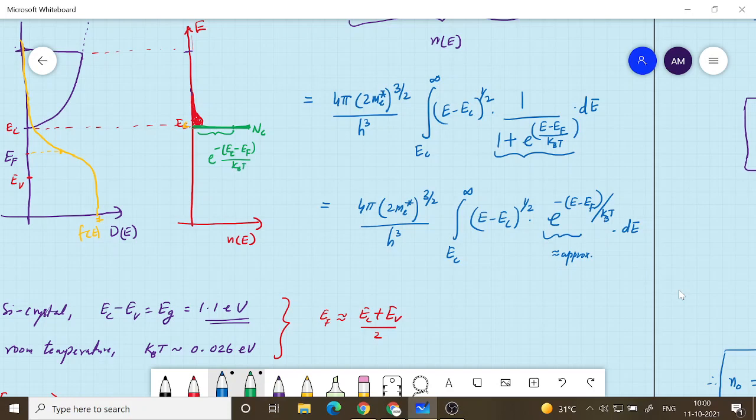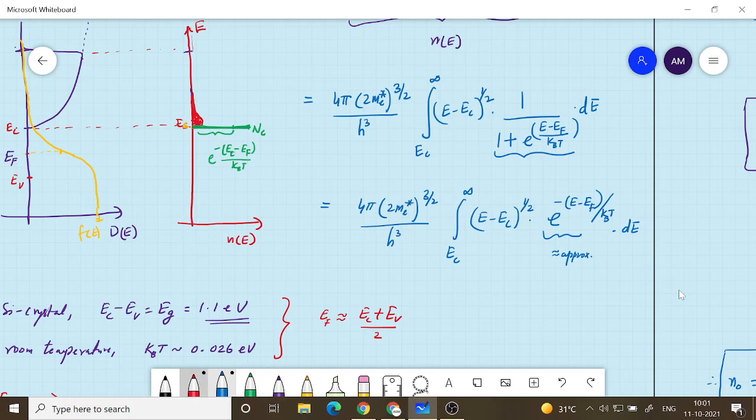So when you multiply this fraction with NC, this will give you the number of electrons, and NC is basically something like the density of states, but it is a constant which is an effective density of states. So we are taking a more simplified picture, saying that all the electrons in the conduction band are staying at the bottom of the conduction band, that is at E equal to EC.